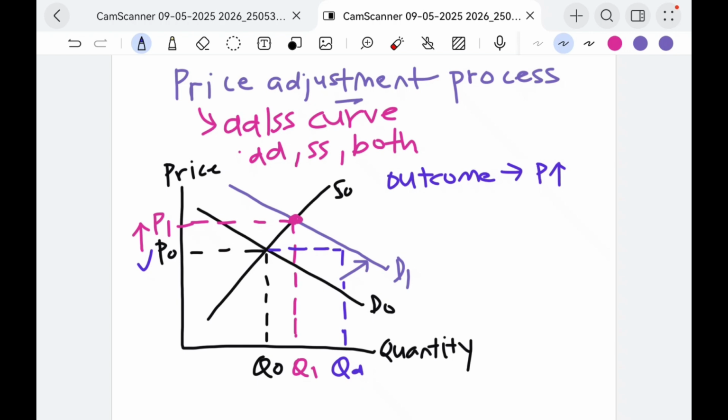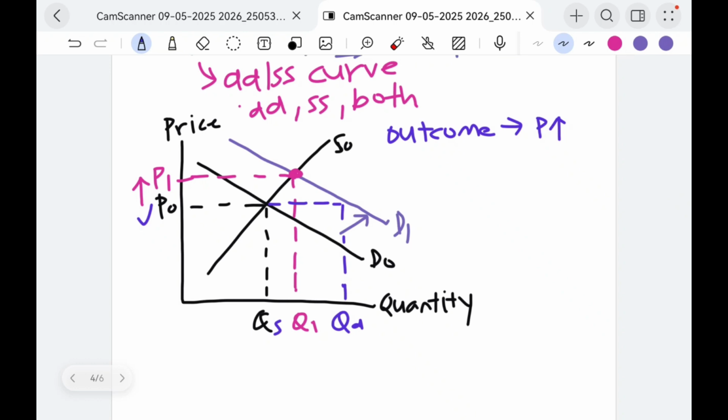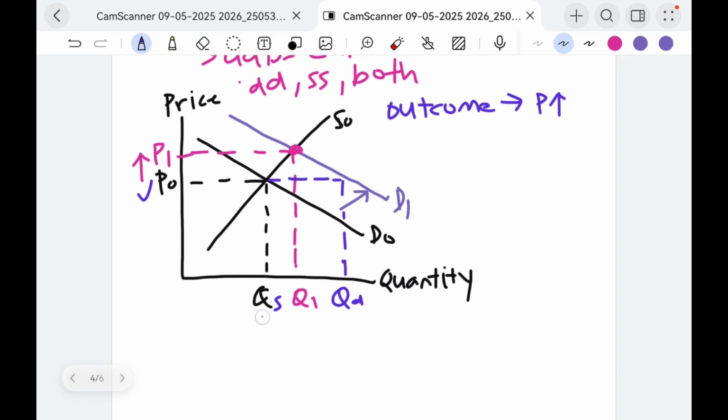For your quantity supplied, it will be at QS because your supply curve is unchanged. So when you touch the P0, it will be at QS. So here at this P0, you see that there is a problem. Here you have a shortage, a shortage of the quantity that the society needs, because your quantity demanded is more than your quantity supplied. So there is a problem if you don't change your price.